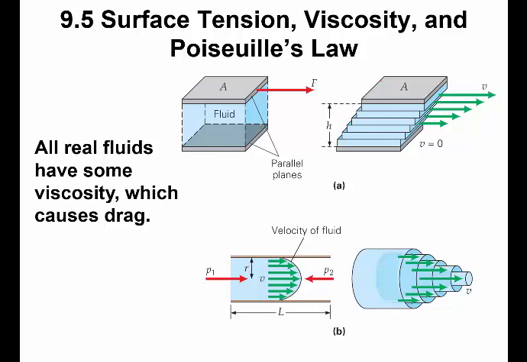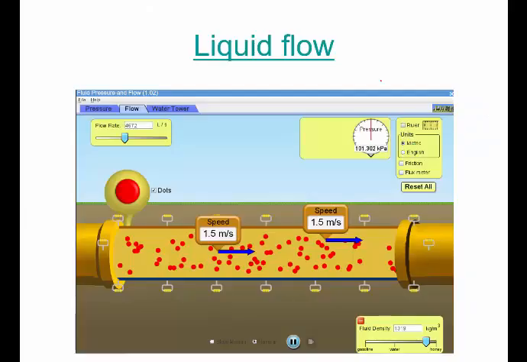And then Poiseuille's law. All real fluids have some kind of viscosity, can't have zero, and that viscosity causes drag as far as the movement of that fluid. These pictures give us an example of that kind of drag, which also has something to do with surface tension.